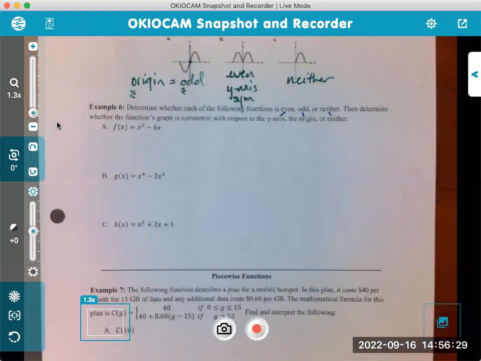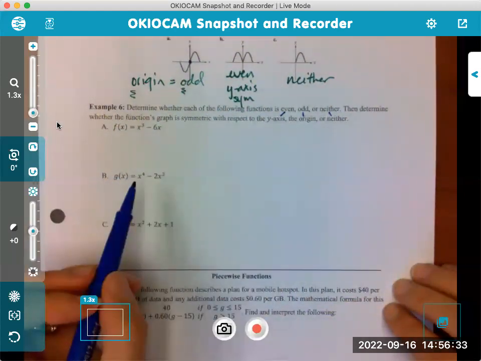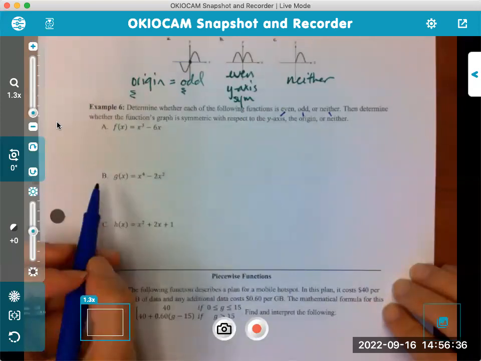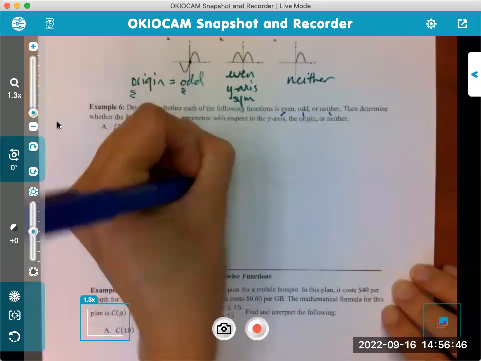But one super cool thing is that if I'm even or odd, all of my powers will be even or odd accordingly. If you look at B, I have an x to the 4th and minus 2x squared. Since both of those powers are even, I know that it's going to be even.